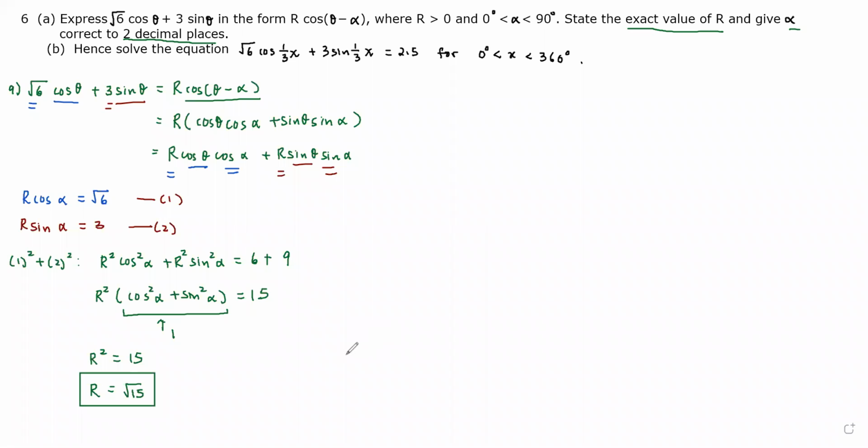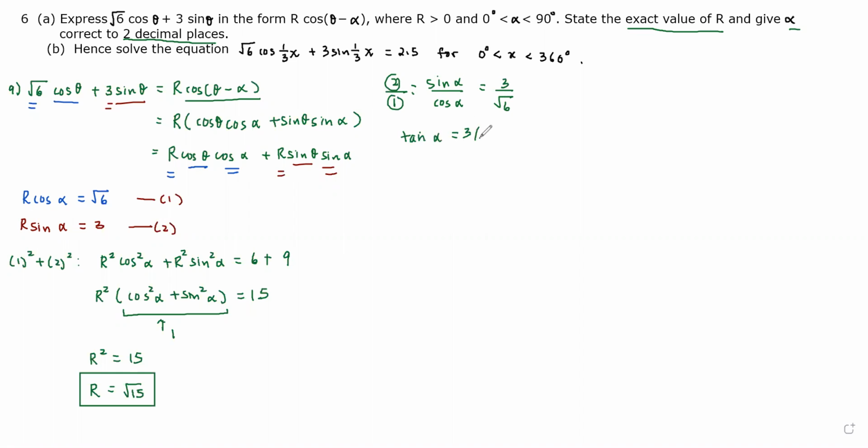To find the value of alpha, we can divide equation number 2 by equation number 1. We have r sine alpha divided by r cos alpha, so that is sine alpha over cos alpha equals 3 over square root of 6. Sine over cos is tangent.